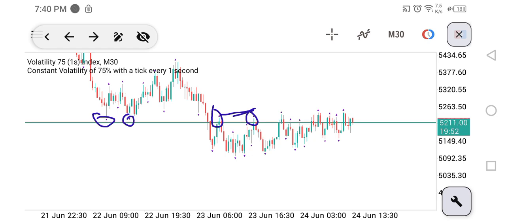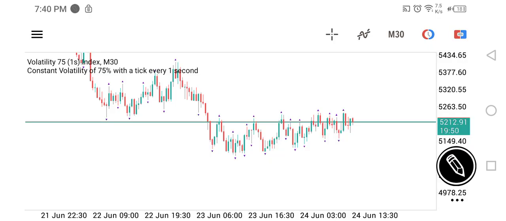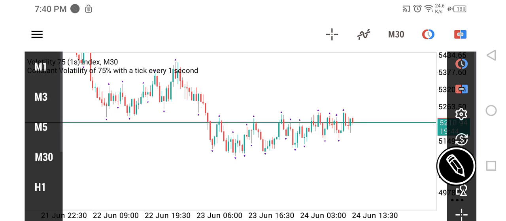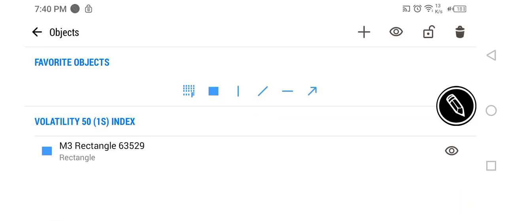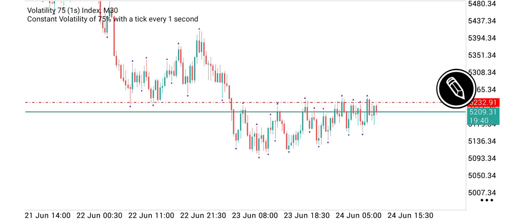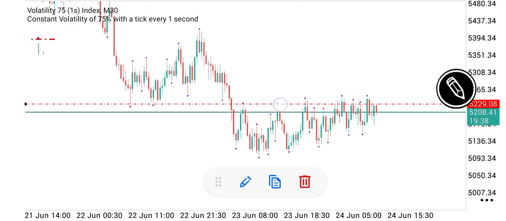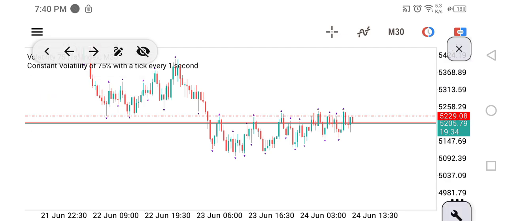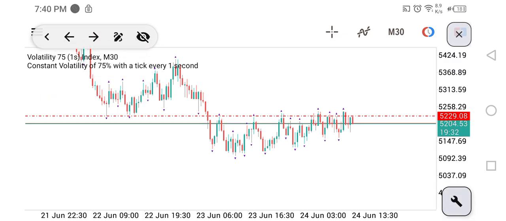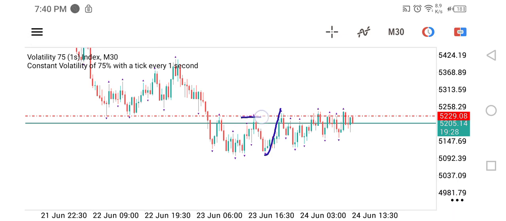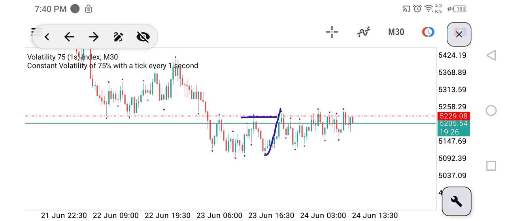Now, let's look at this pool that we have here. Let me use a line to mark it. If I place this line here, joining those two spots, you can see now that price did a little movement here like this, swept the liquidity pool here, and then went down.